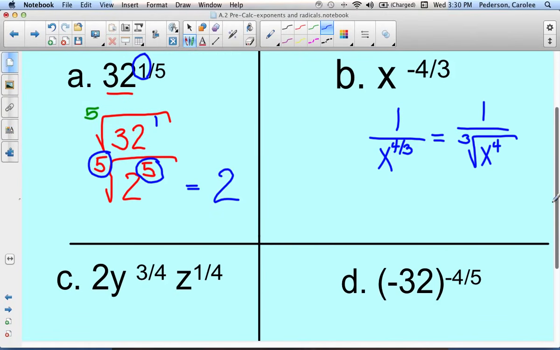This can reduce down to x cubed and x. Well, I can take out this piece as an x, and then I'm left with a cube root of x, and then a 1 over the top.